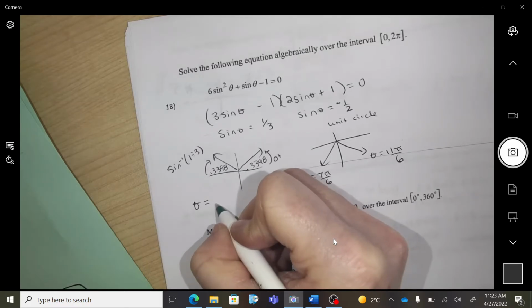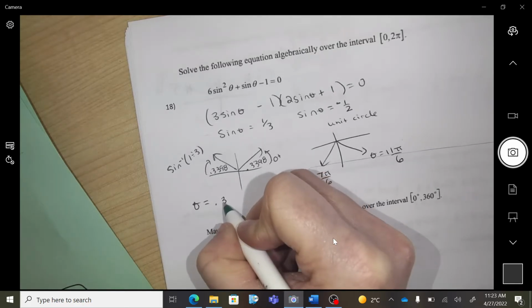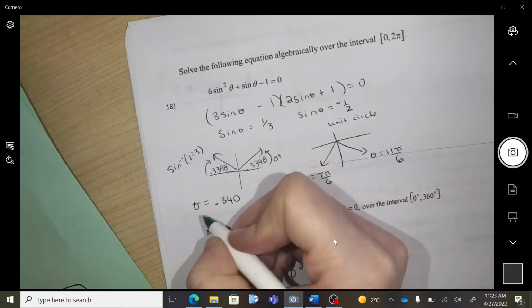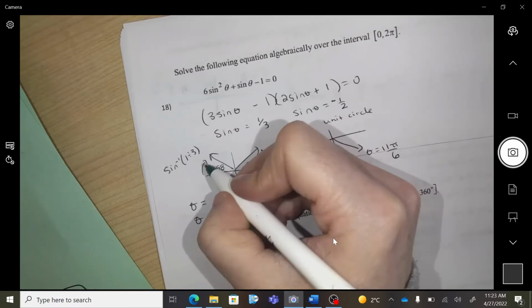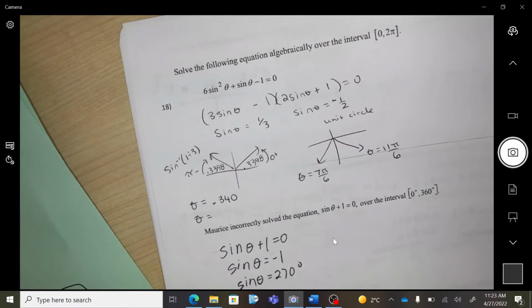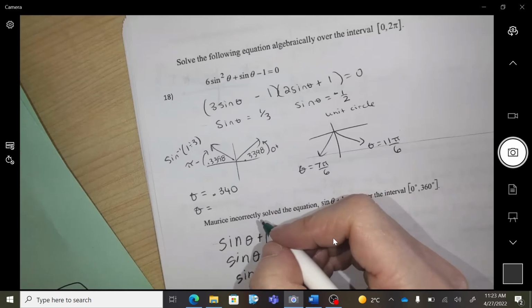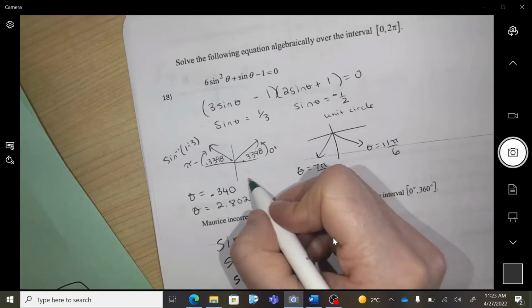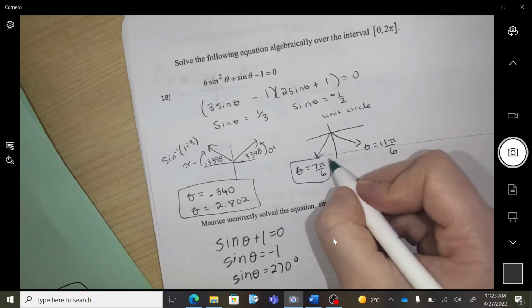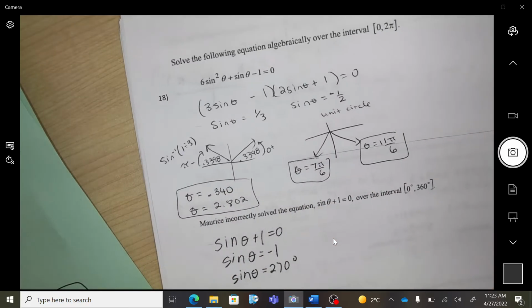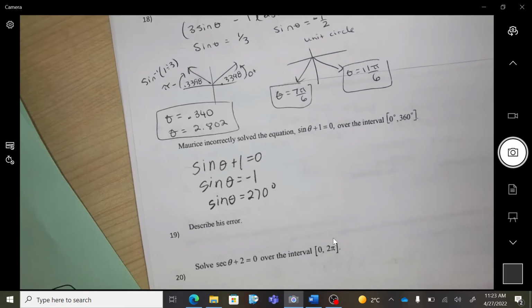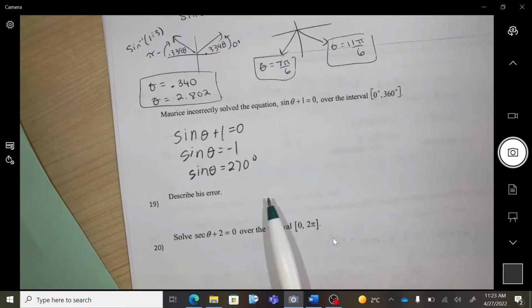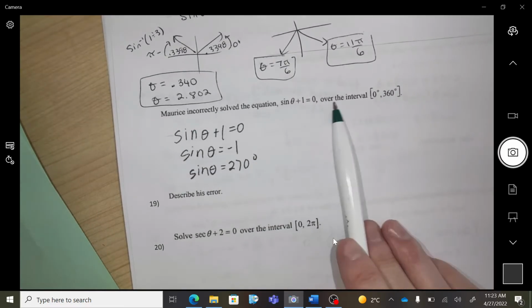So that angle is 0.340. And here I would do pi minus. So on that, I get 2.802. So 4 answers.